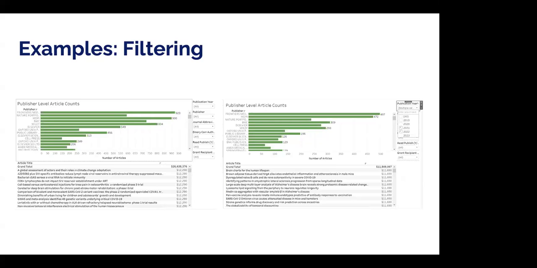So if you wanted to just subset the view to 2 years within the 5-year range that we are looking at in this data set for now, from 2019 to 2023, if we decided we wanted to just look at publisher article level counts for 2022 and 2021, we could do so, and we could see dynamically how those counts change and how the total APC cost or burden would change accordingly.